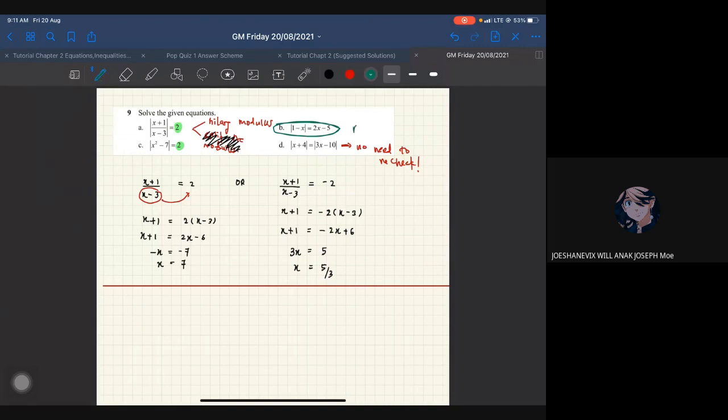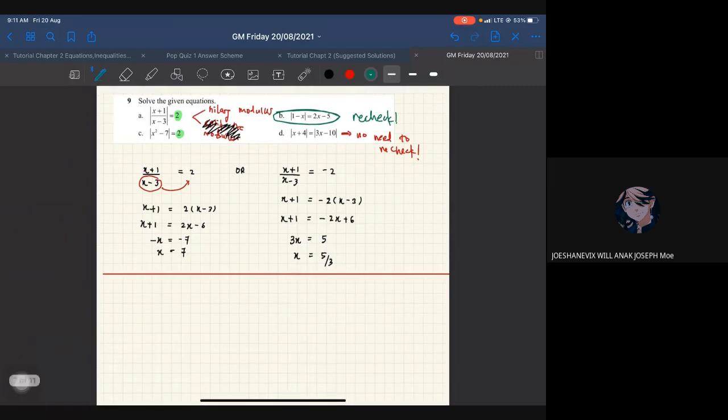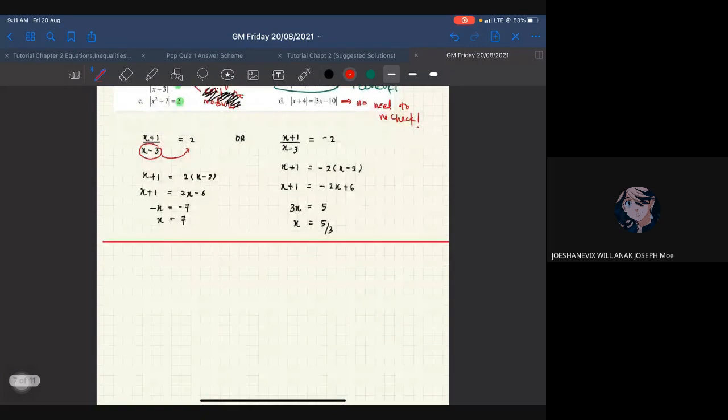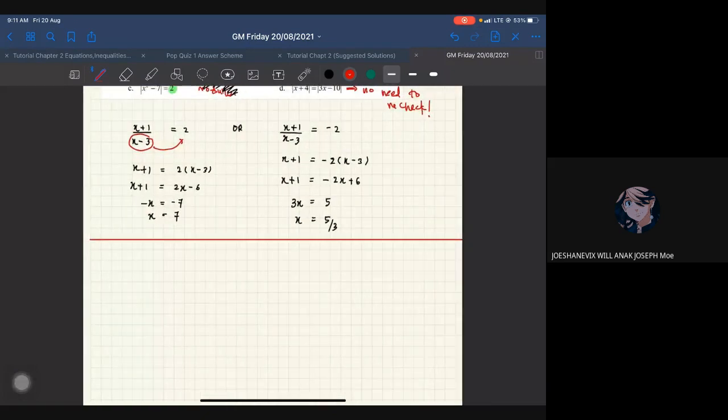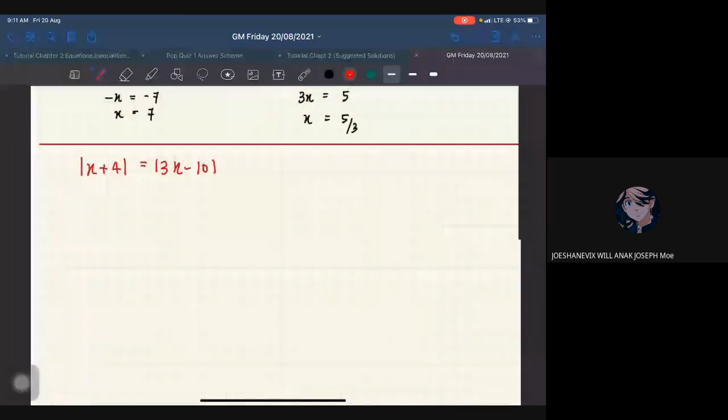Okay, so I'll continue to part D. Let me write the question again: modulus of x plus 4 is equal to modulus of 3x minus 10. Looking at this question, both sides have modulus, both sides are absolute values.